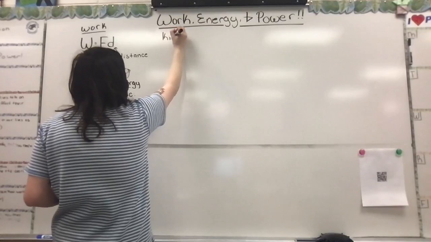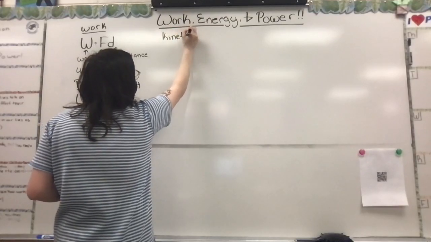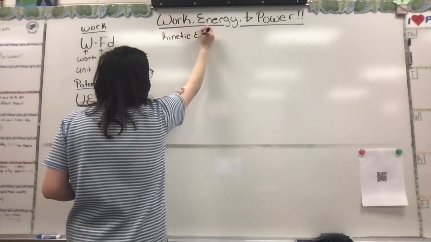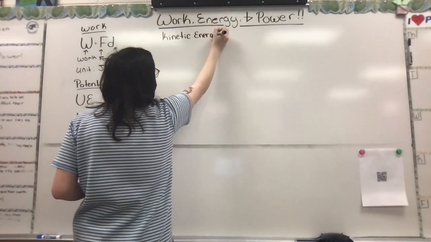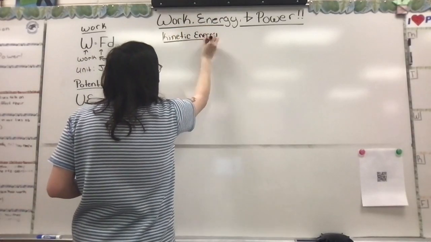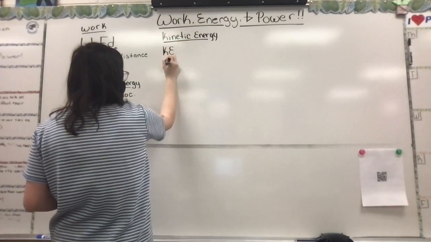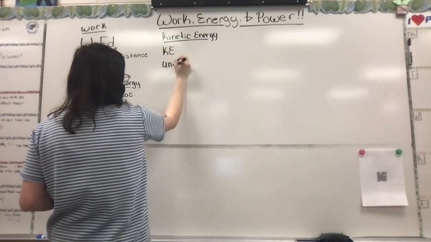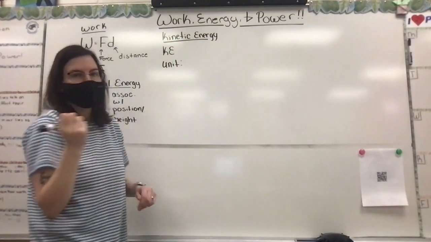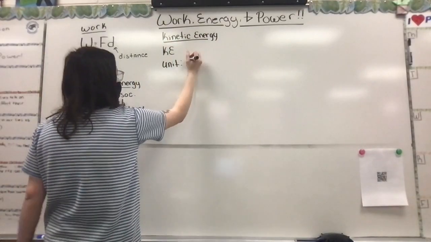The next thing is kinetic energy. How do you think we represent kinetic energy? Yeah, this one, thankfully, is just KE. What do you think the unit is for kinetic energy? It is also joules, yeah.